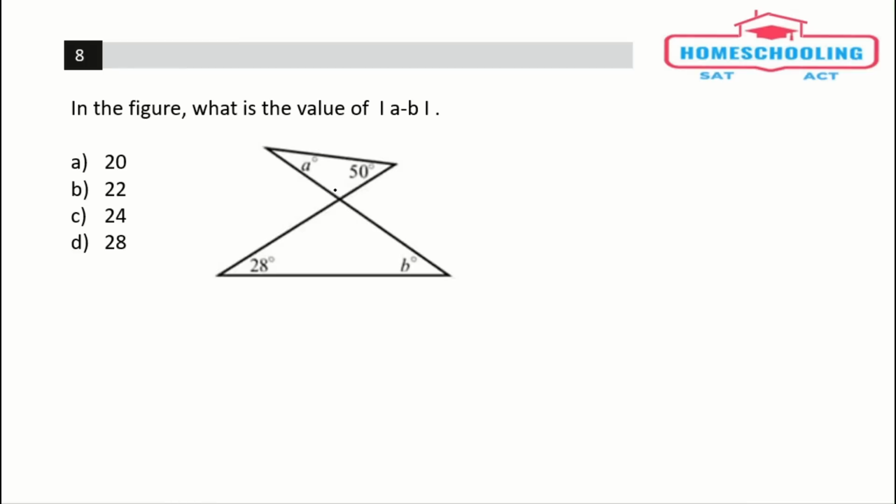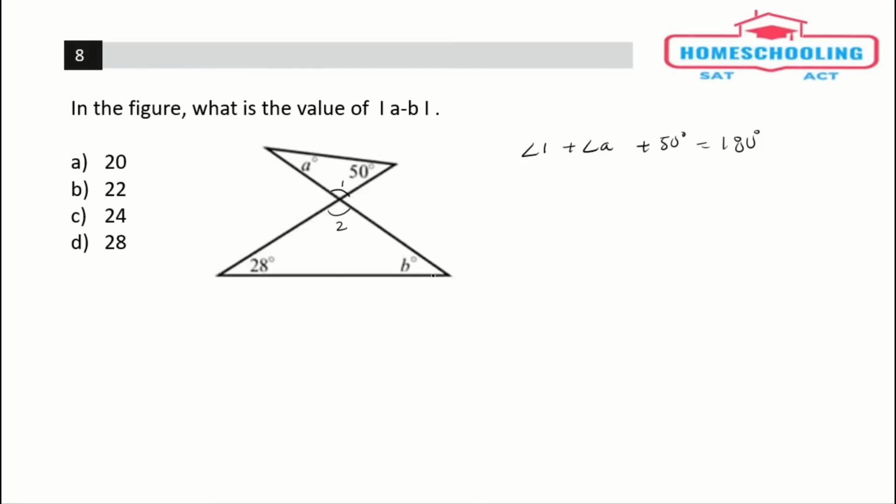Let's take this one as angle 1 and this one as angle 2. As we know, the sum of all the angles in a triangle is 180 degrees, so angle 1 plus angle A plus 50 degrees is equal to 180 degrees.